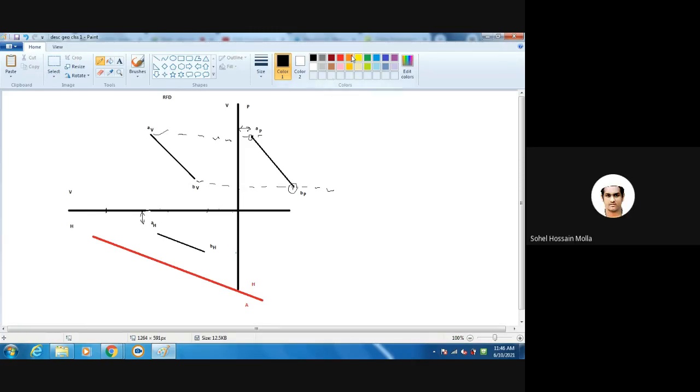Yes. Now I am following the same trend, okay? I have to project it perpendicular to this particular HA partition line, isn't it?